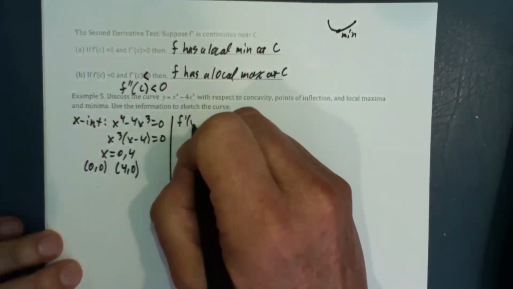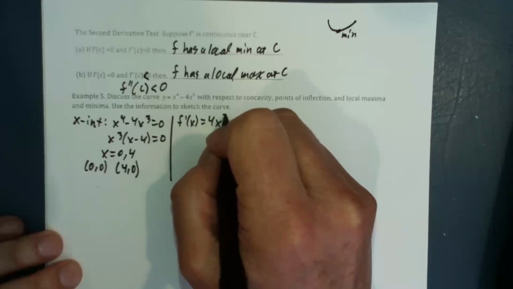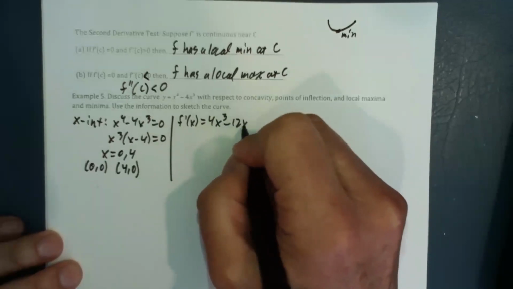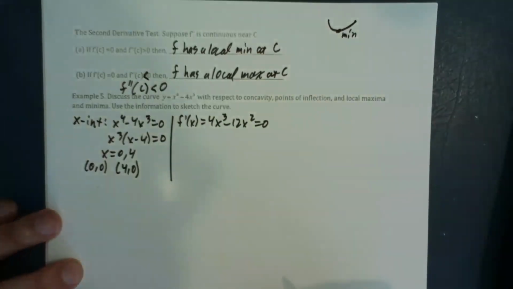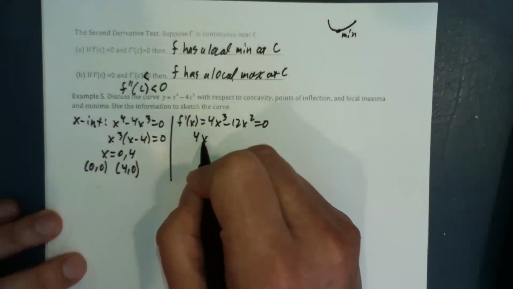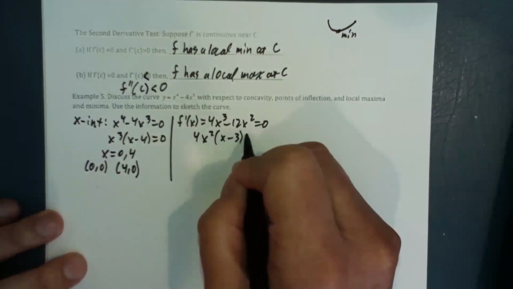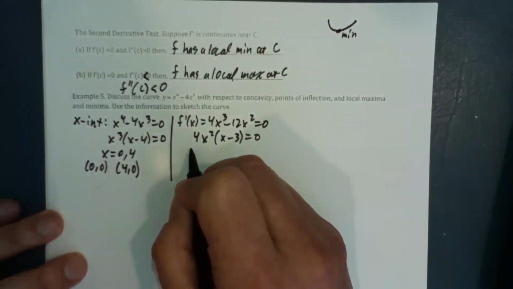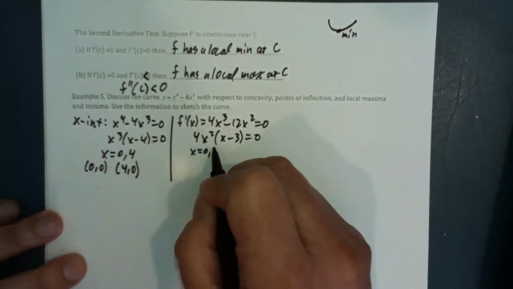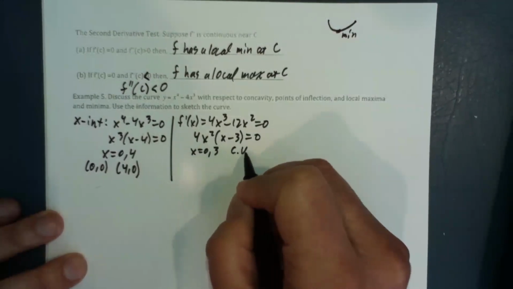So f prime of x is 4x cubed minus 12x squared. So factor 4x squared out, and we are left with x minus 3. These are our critical values.